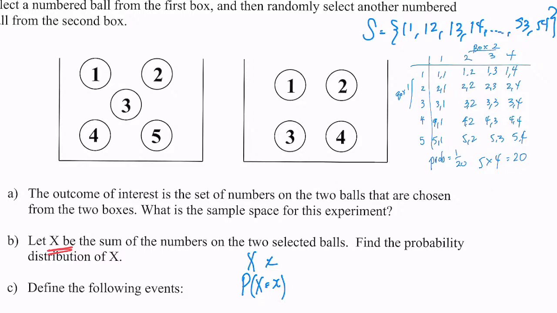So I write x equals x, so the variable takes on the value of x. What are the different x's? What are the possible sums?